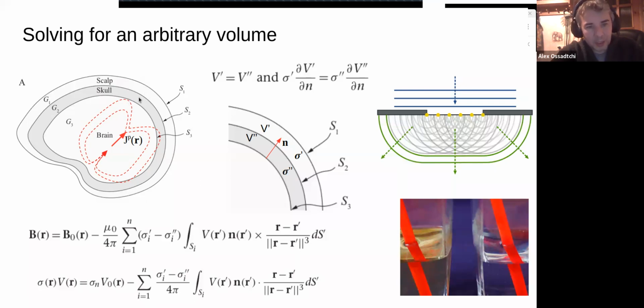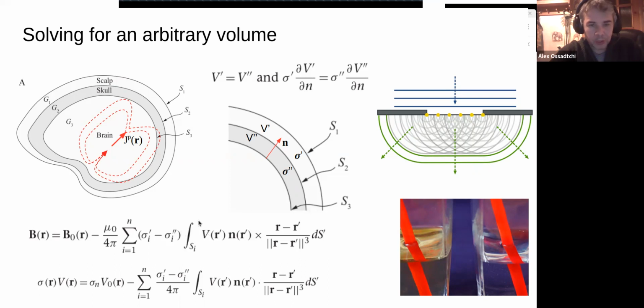So basically, all these currents will create the potential difference, and this potential difference multiplied by the difference of conductivities will make the current source, basically an elementary current source that you need to sum up. Because it's all linear, you can take this integration and put it over here.